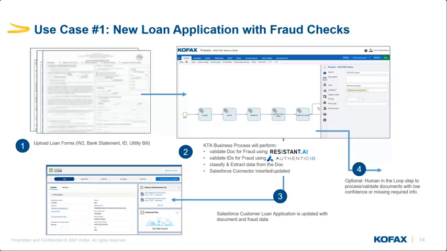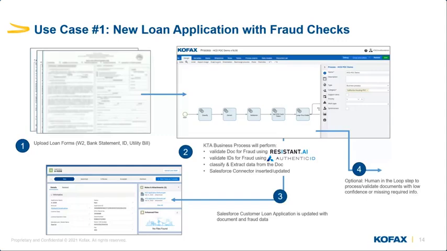Number two, KTA will first perform a validation check for fraud using one of our partners, Resistant AI. And if it is an ID card, some sort of identity document, we will check for fraud using Authentic ID. Next up, it'll classify and extract the data from the document, like the different fields, such as someone's name or maybe someone's address, from each of those documents.